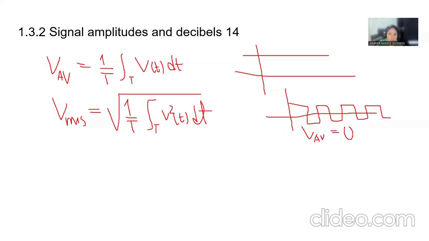So this is not very useful. With 0, we can't say anything more. That's why we define another quantity that helps us analyze, and this is more related with the power, because we know by formula that power is the square of the voltage divided by the resistance.